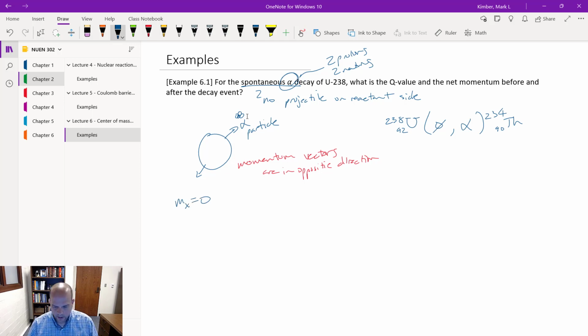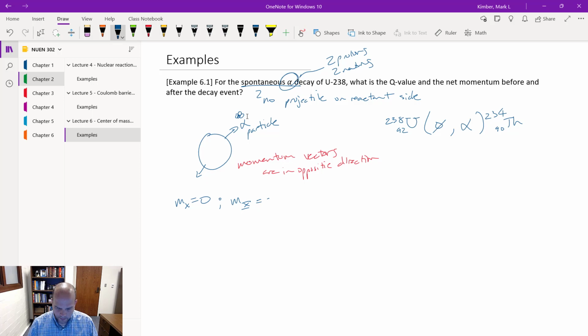We have the mass of our projectile is 0. The mass of our U-238, which is our target. We can look this up in any chart of nuclides, any kind of AMU table. You have data that's given to you. You should be creating functions and scripts that take inputs of number of neutrons, number of protons, number of nucleons, and then give you the AMU value.